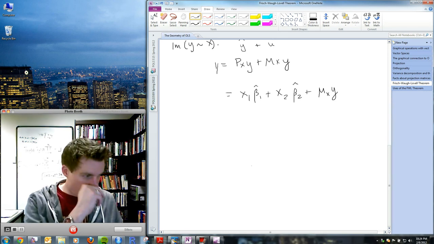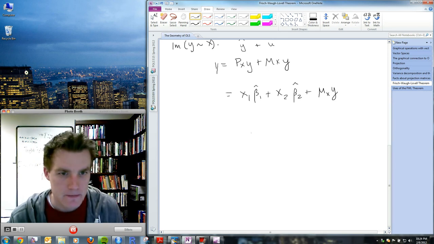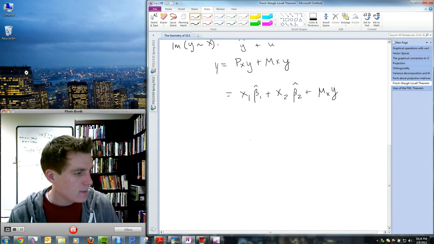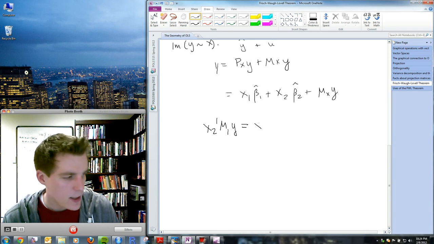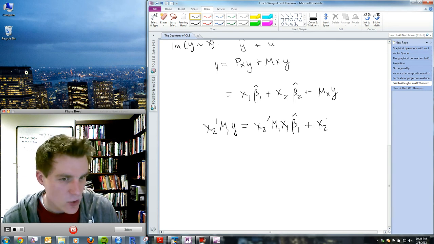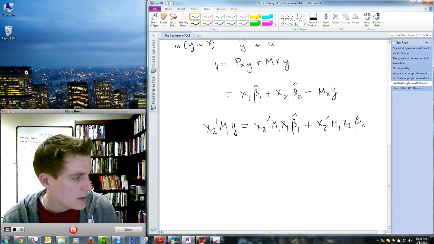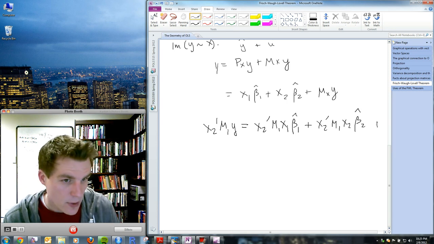So now I can rewrite this as... what can I rewrite this as? Oh, okay. x2 transpose m1 y equals x2 transpose m1 x1 beta 1 hat plus x2 transpose m1 x2 beta 2 hat plus x2 transpose m1 mx y.